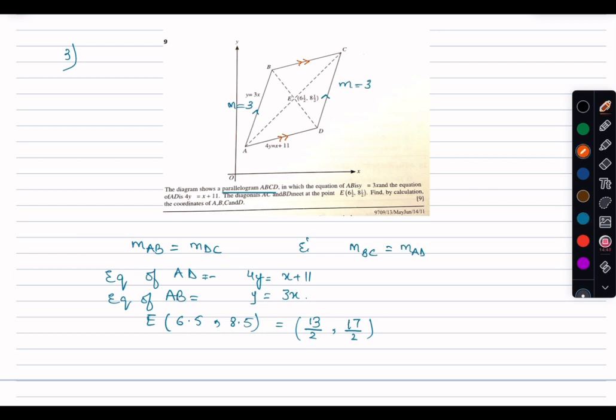If I look at AD and bring it to the form y equals mx plus c, the equation can be written as y equals 1/4x plus 11/4, meaning the gradient of AD is 1/4, which means the gradient of BC also needs to be 1/4 here.